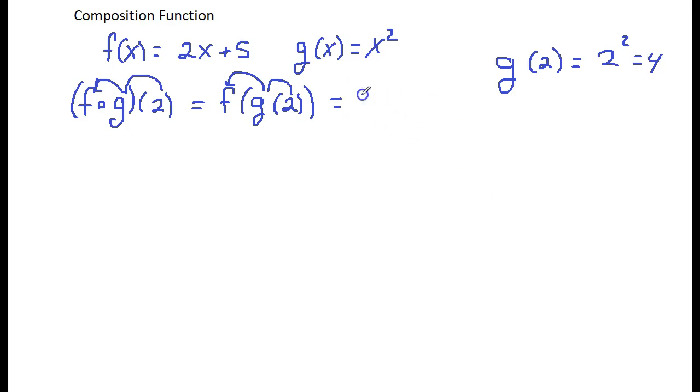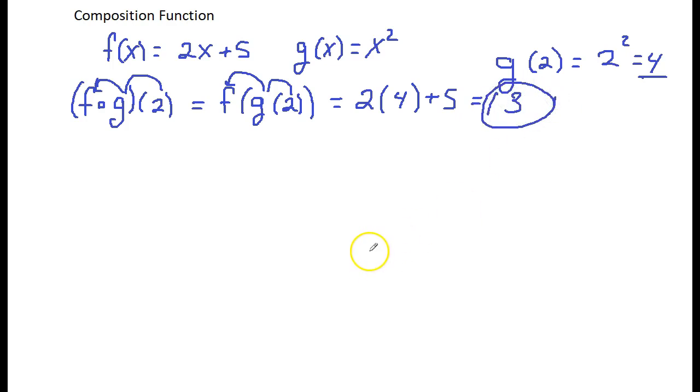So function f is 2 times, in place of the x, we're going to put our 4, plus 5. Well, 2 times 4 is 8, and then 8 plus 5 is 13.